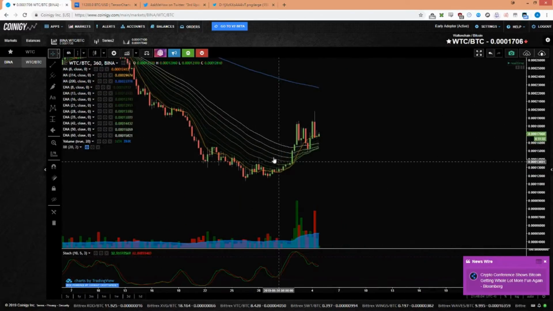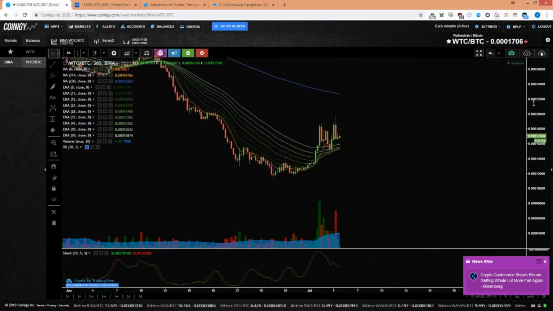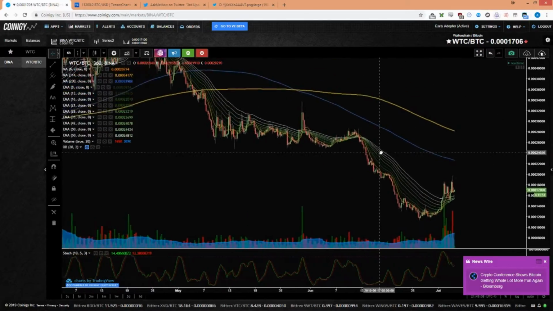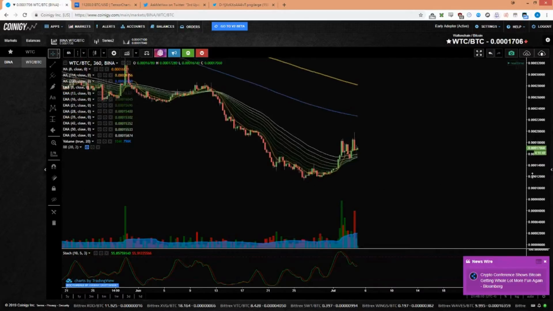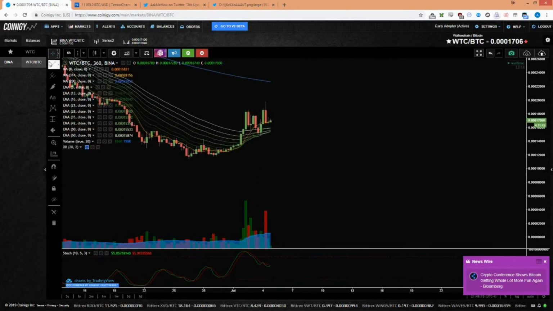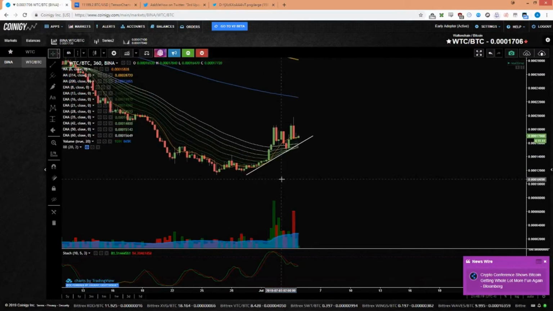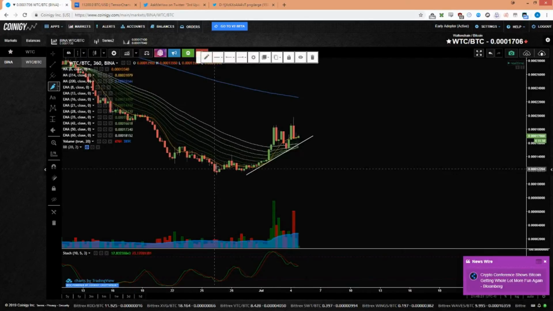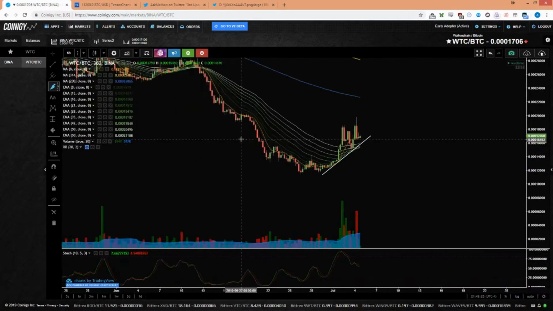This one looks better because it didn't bounce like the other ones when it was supposed to. So now it's actually looking bullish. All the other ones kind of went like this, but this looks a lot better.